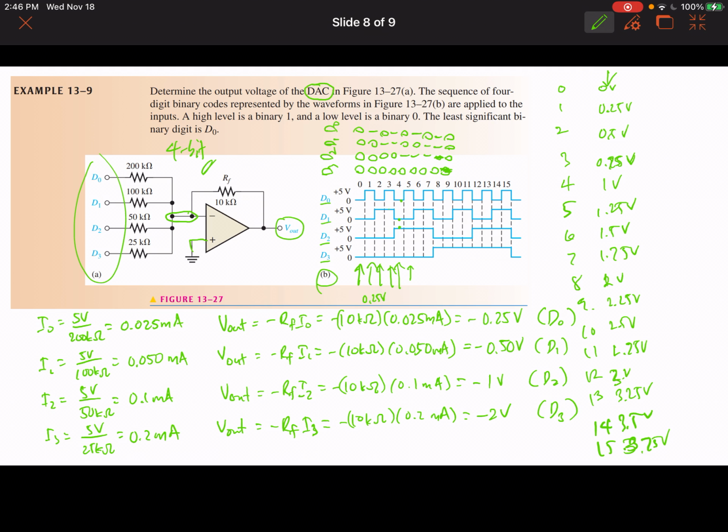Those inputs can change between 0 and 1 depending on whether you feed a signal to it or not. So this is your digital signal and this is your analog output. So the summing amplifier converts the digital signal into an analog signal. So that's basically how it works.